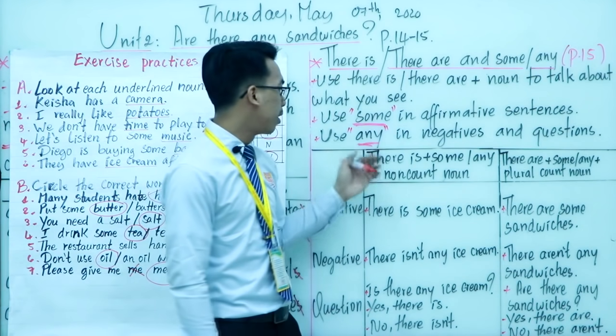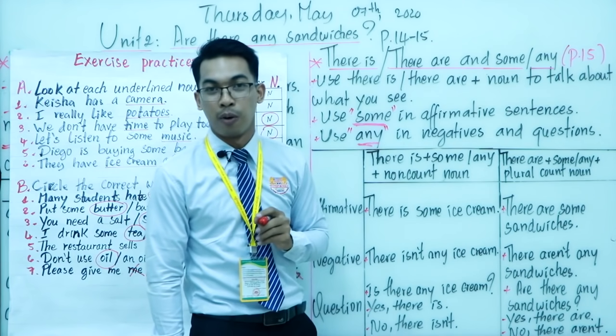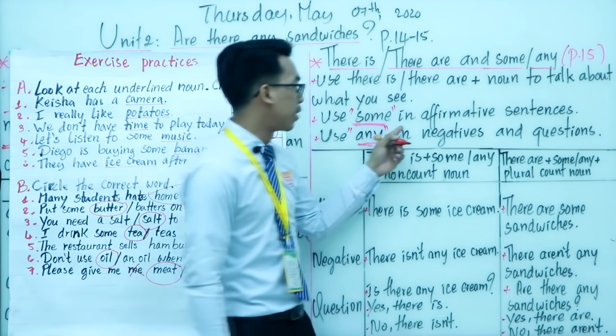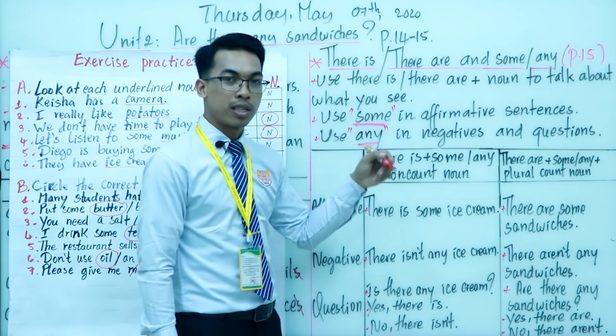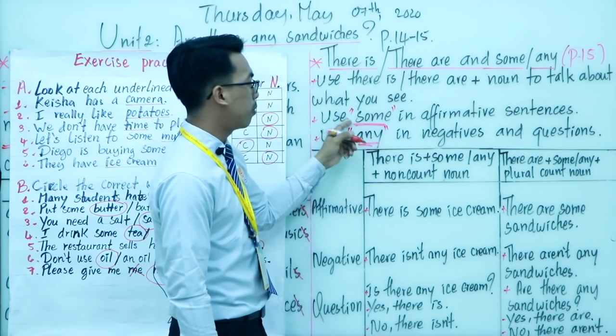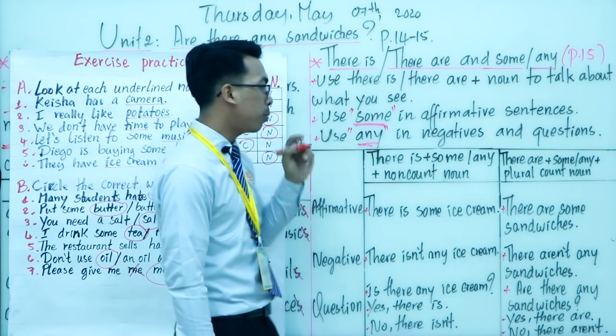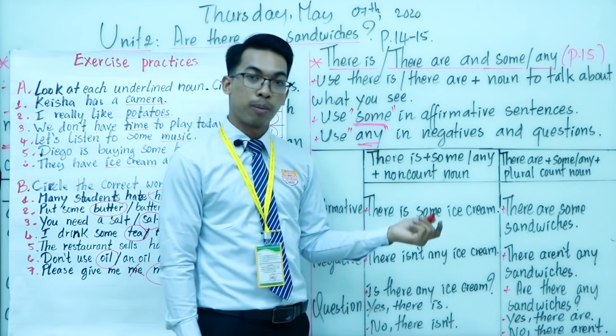But remember, any we do not use with positive form, or affirmative form. So some and any are in contrast. This one we can use in only one form, and this one we can use in both forms, negative and questions. You got my point? Good.